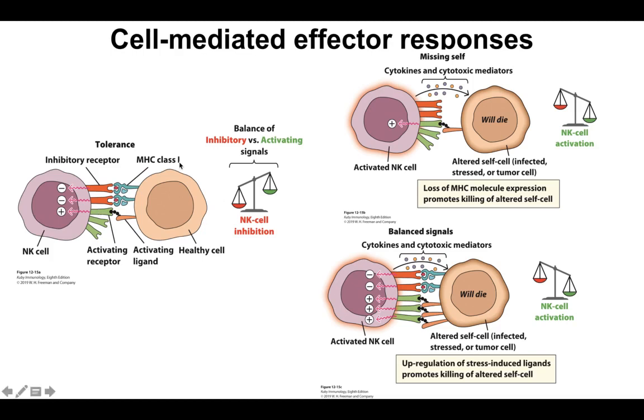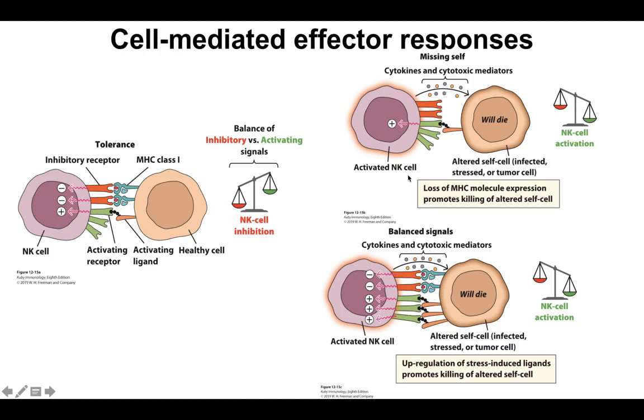Activating signals come from a host cell from stress, and they can be increased in numbers if a cell is stressed. So this cell over here on the left isn't stressed. This is a healthy cell, and so overall this natural killer cell gets an inhibitory signal and it's going to not kill this host cell.